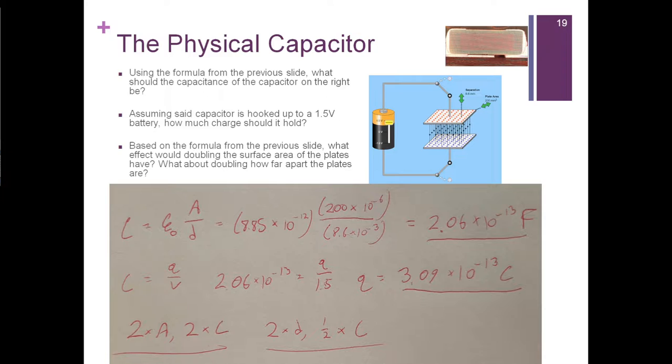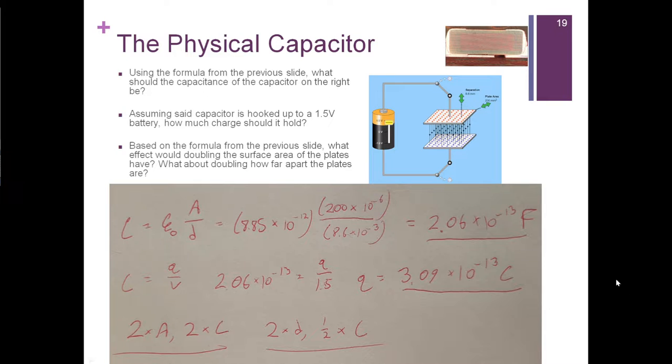So this is really small as capacitors go. We've built a very, very tiny capacitor here. But we have its capacitance, 2.06 times 10 to the negative 13th farads. This tells us how good it is compared to other capacitors that can exist.